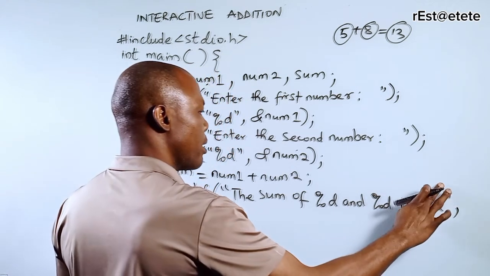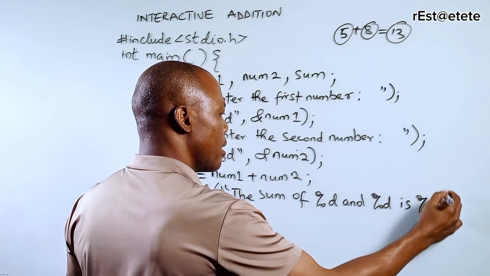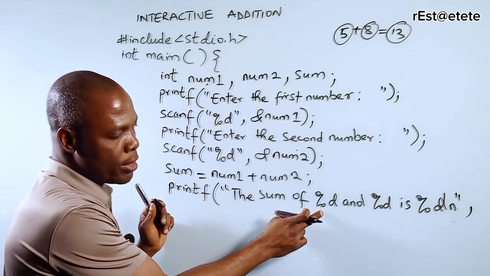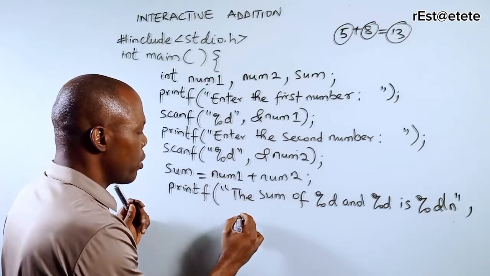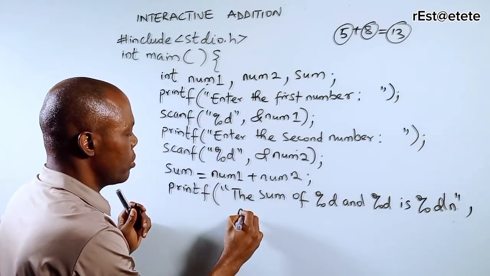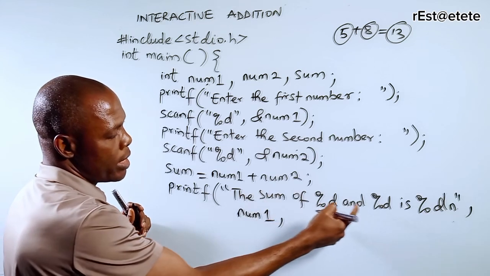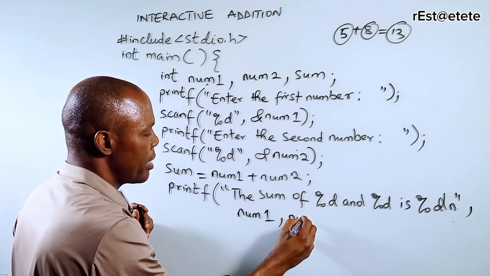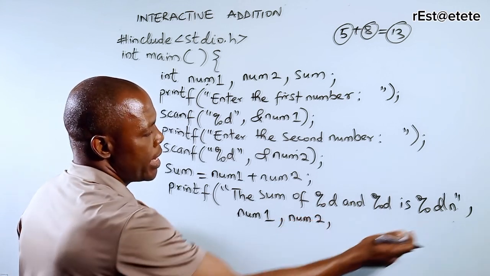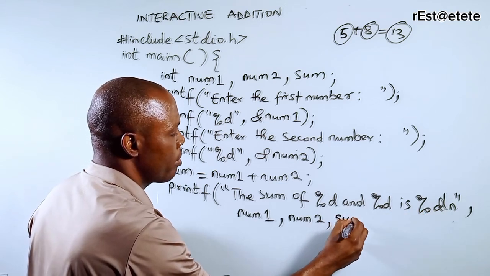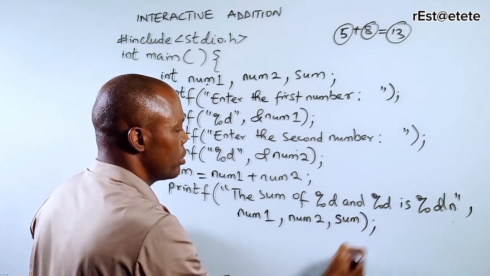I can give it \n for a new line. For this first argument, I'll supply num1. For this second argument, I'll supply num2. And for this third expression, I'll supply sum. So I will close it.